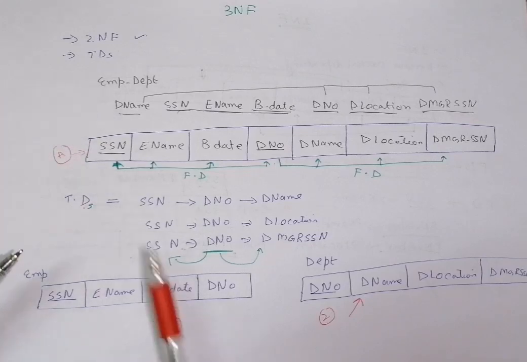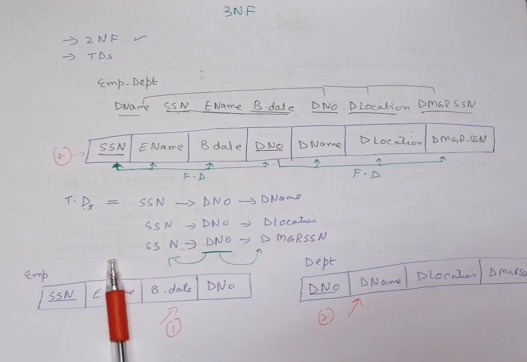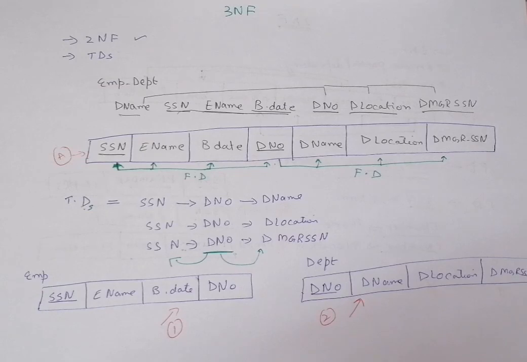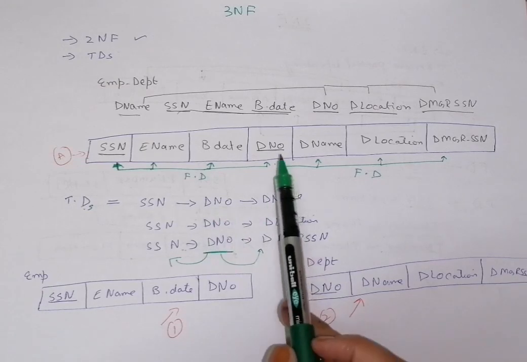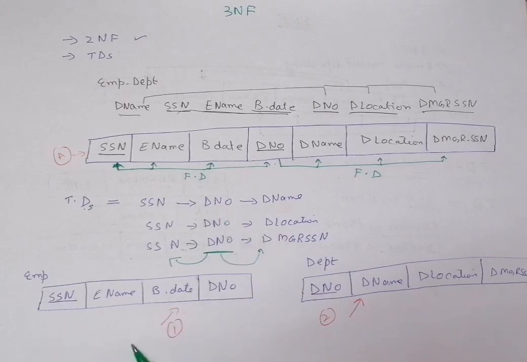You have seen that transitive dependencies exist, so it is not in third normal form. We brought it into third normal form by applying decomposition on this table and eliminating the transitive dependencies. This is how we can normalize any given relation, bring it into third normal form, and determine whether the existing relation is normalized or not.